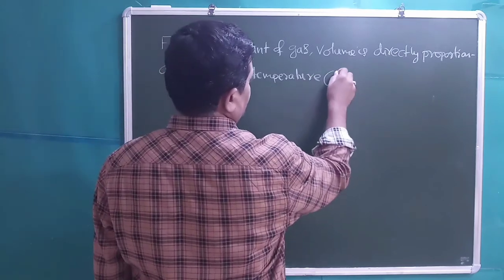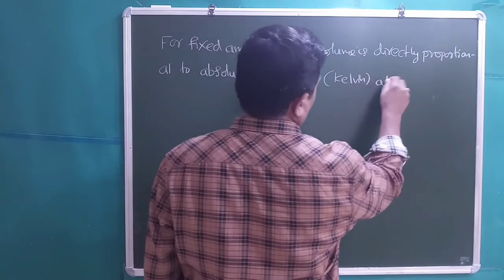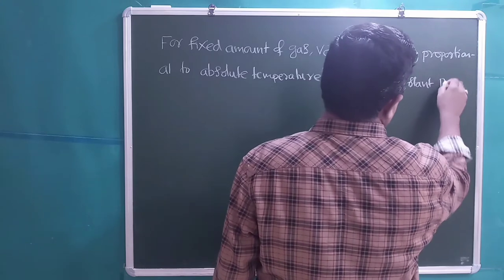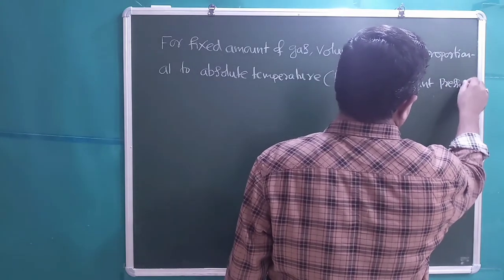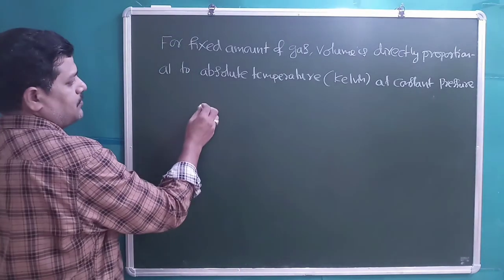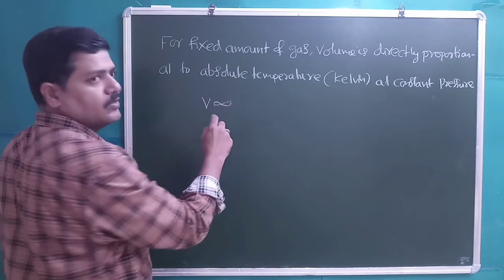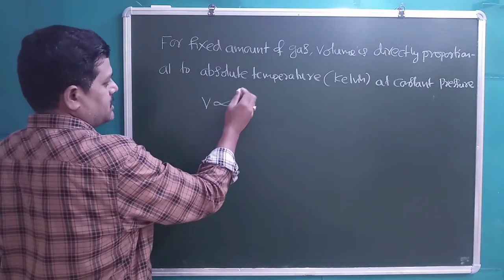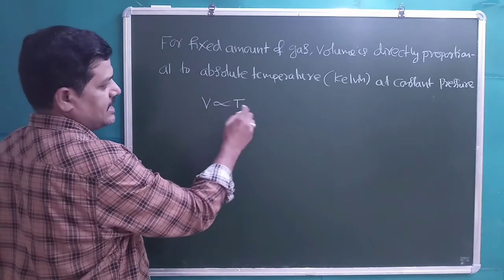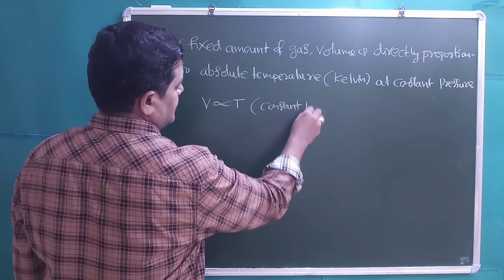That is, temperature in Kelvin is called absolute temperature, at constant pressure. So we can write the mathematical form of Charles law as V is proportional to T at constant pressure, constant P.